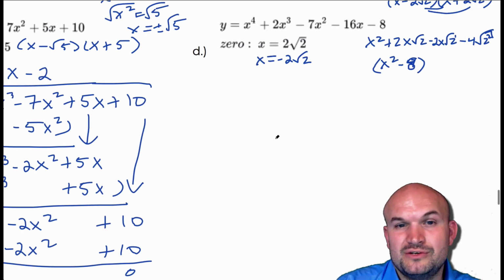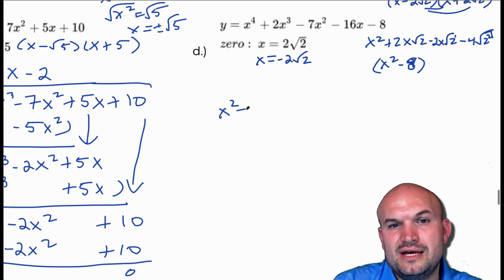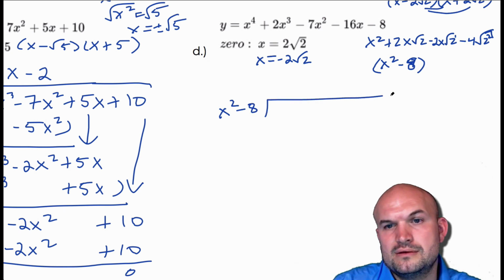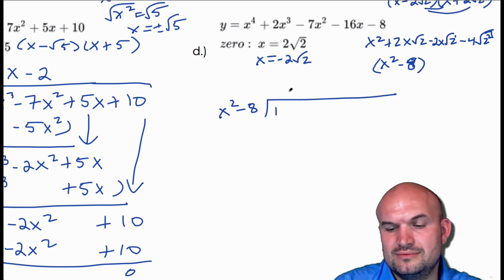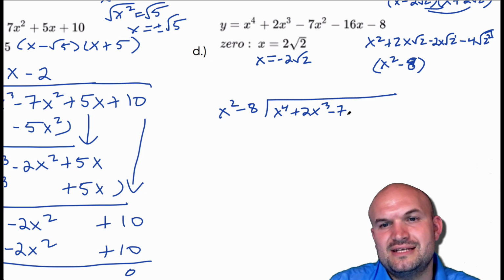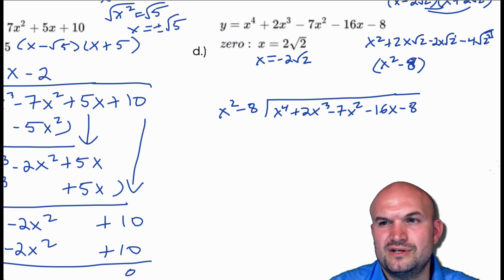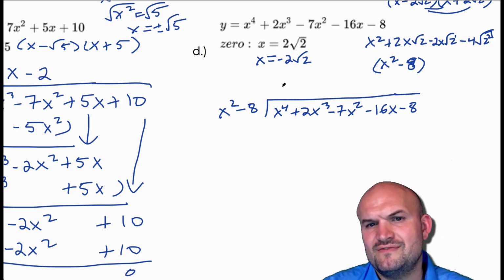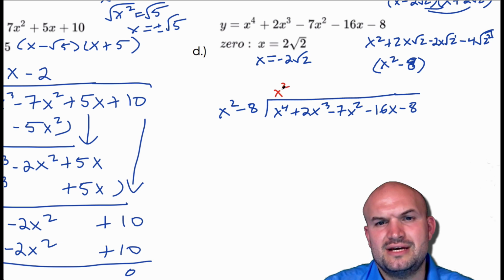So now I'm just going to set up long division: x squared minus 8 into x to the 4th plus 2x cubed minus 7x squared minus 16x minus 8. Let's use a different color just to switch things up. x squared divides into x to the 4th x squared times. x squared times x squared is x to the 4th, and x squared times negative 8 is negative 8x squared.